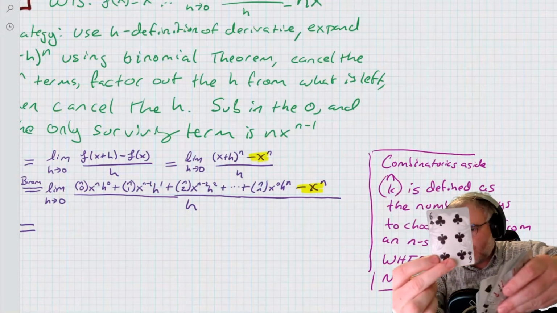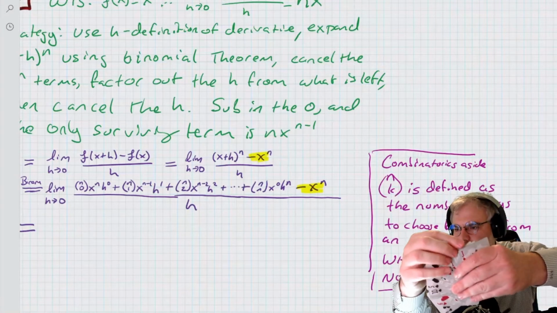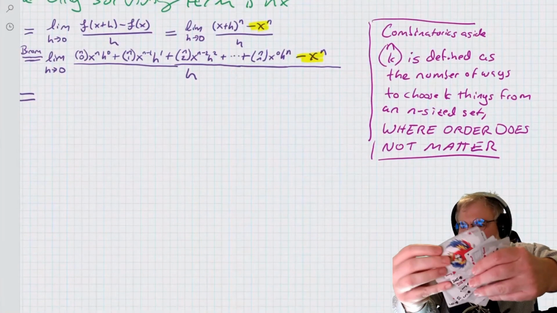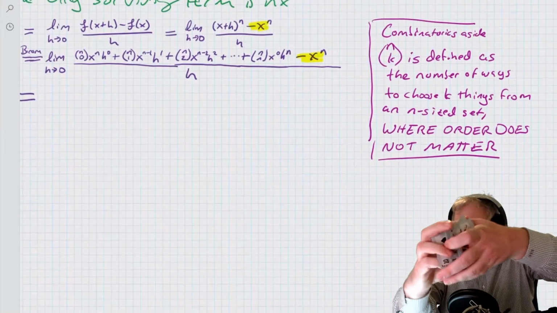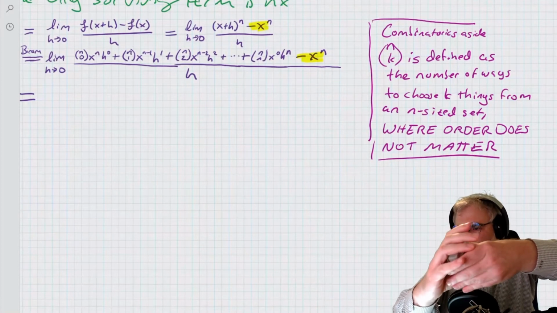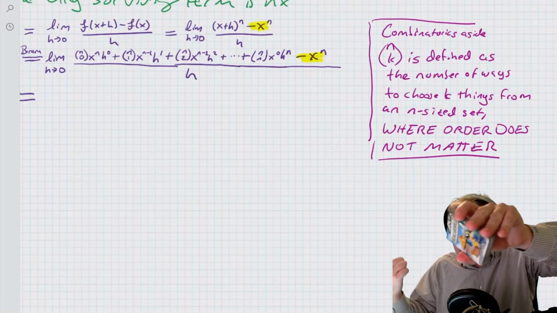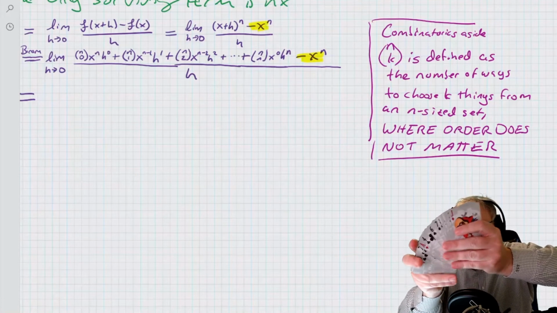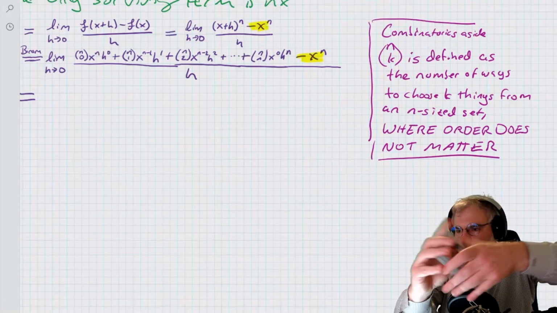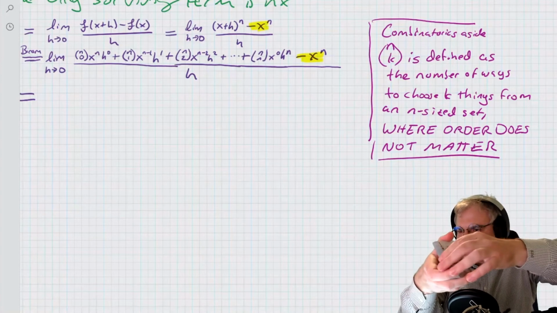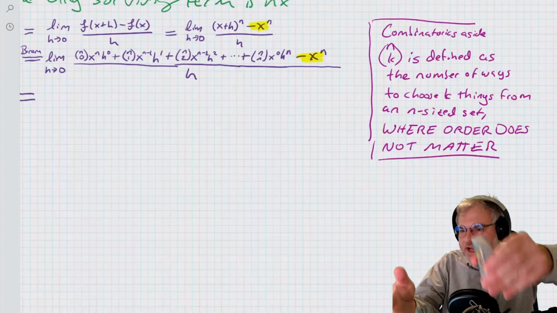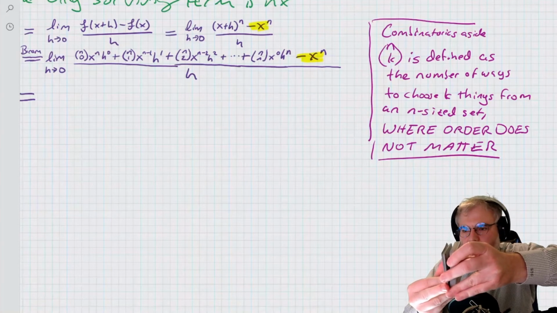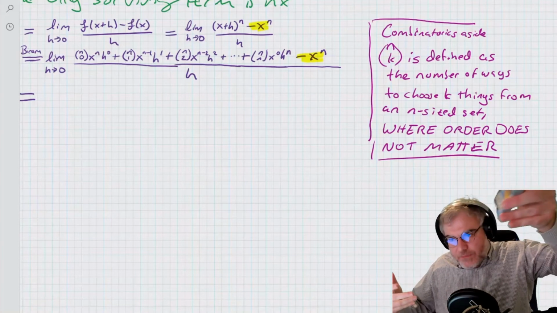I could pick this one. I could pick this one, right? So how many different ways are there to pick just one card? Yeah, 52, right? There's 52 ways to pick one card.